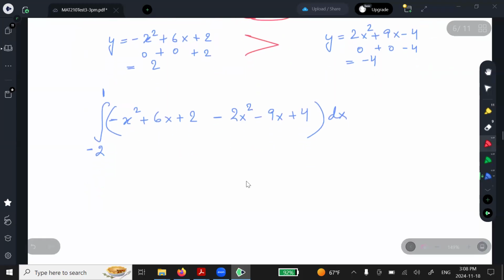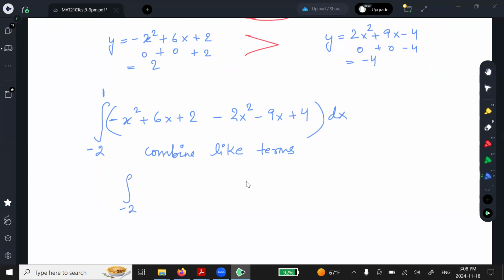So combine the like terms. So what do you get? Before you integrate, okay? So I have negative x squared, negative 2x squared. I got negative 3x squared, negative 3x, and I got plus 6, right?